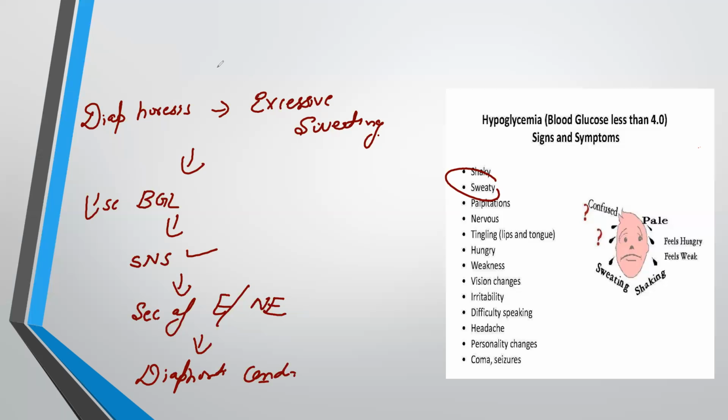So to overcome the low blood glucose level in the body, the body stress response occurs, that is the diaphoresis.